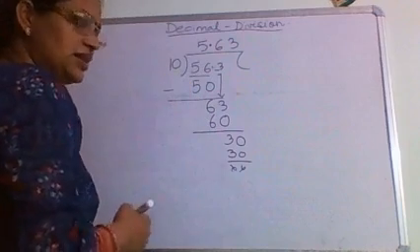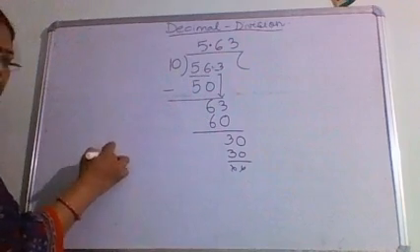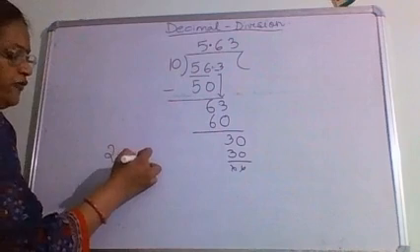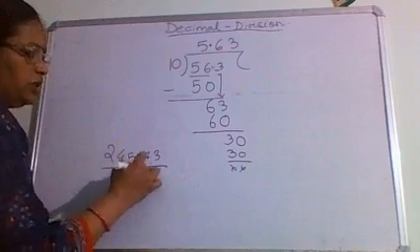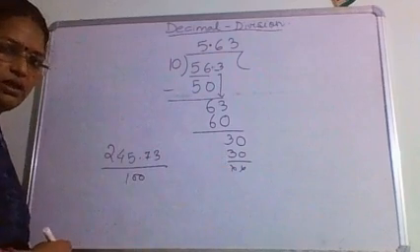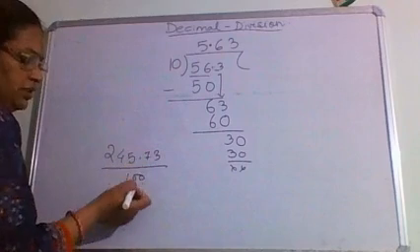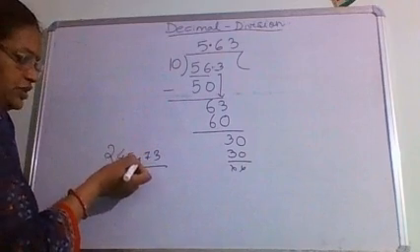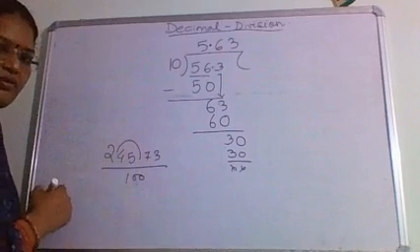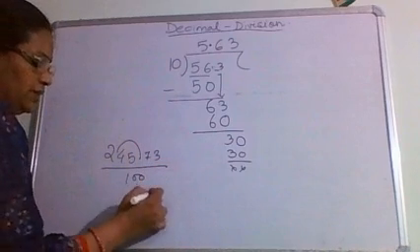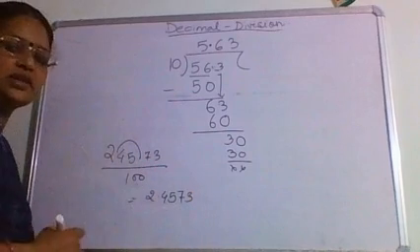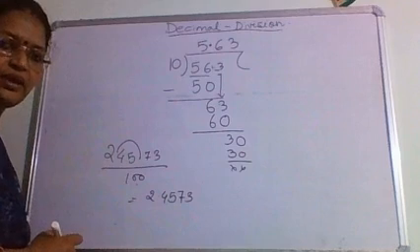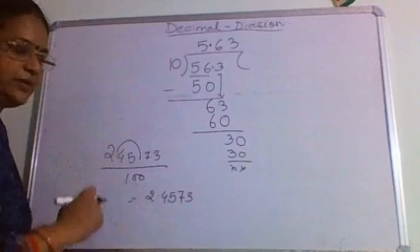Similarly, another example you can take. 245.73 divided by 100. I am not dividing it in a whole detailed way. Divided by 100, decimal shifted how many times? Two places. So my answer will be 2.4573. Right?